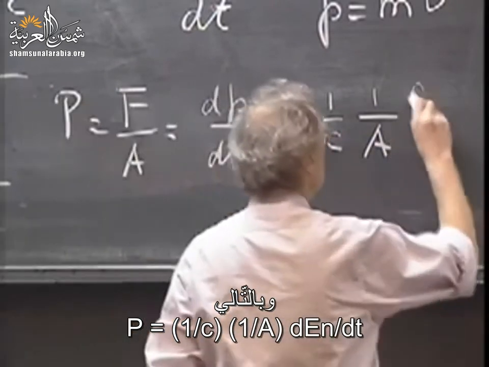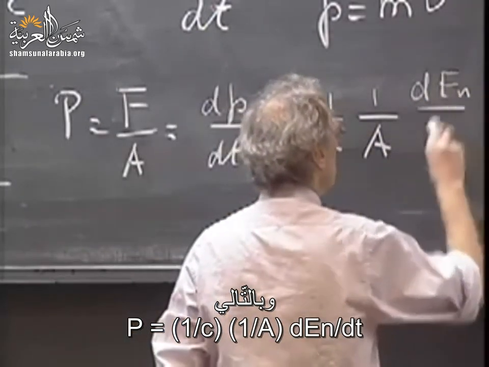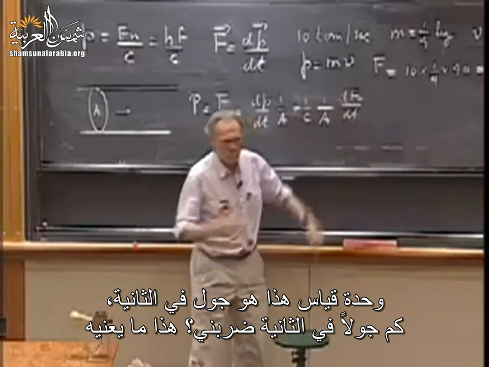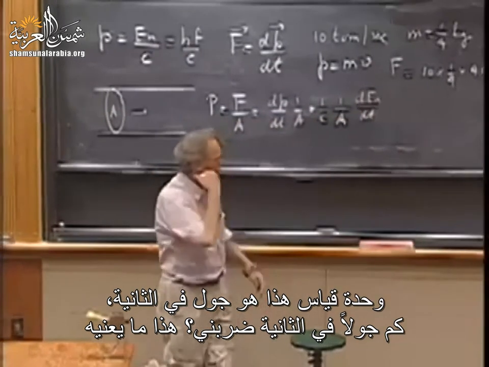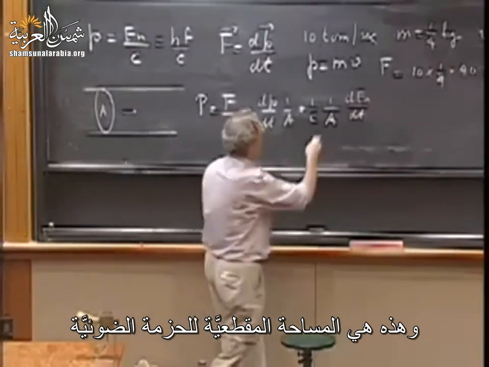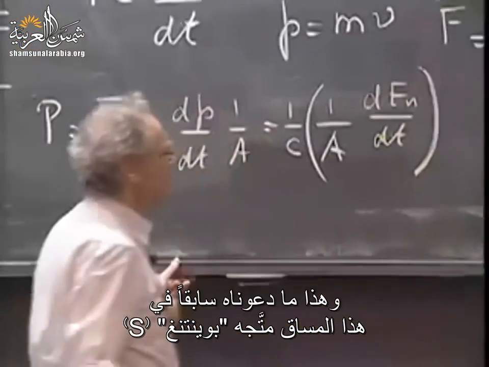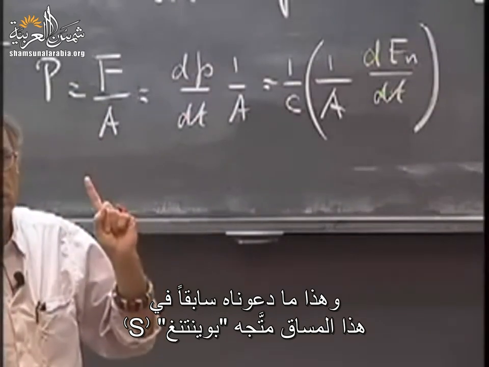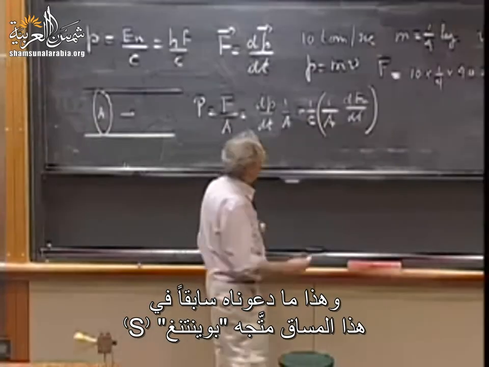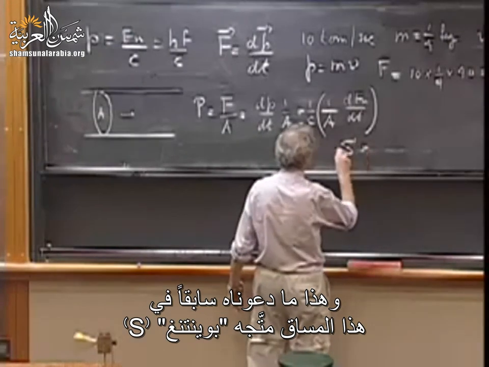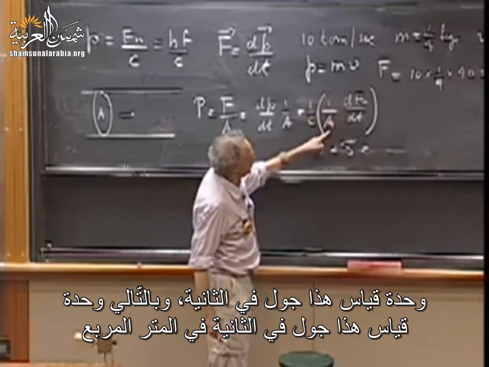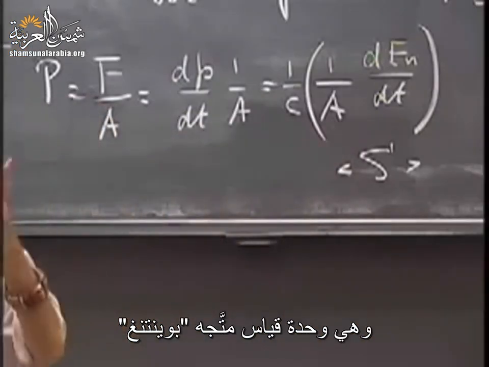So I get here d of energy dt. This is joules per second. How many joules per second hit me? That's what that means. And this is the area of the cross-sectional beam. And this is what we earlier called, in this course, the Poynting vector. We called that the mean value of S. This is joules per second per square meter, which is exactly what the Poynting vector was.